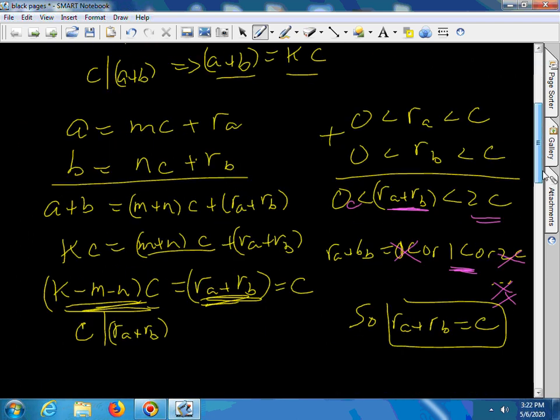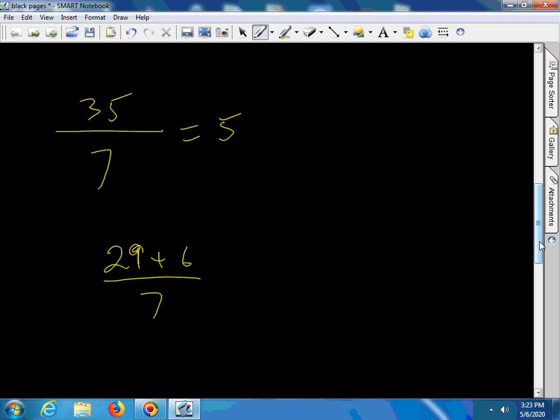So, for example, we know that 7 goes into 35. It goes in 5 times. Now, if you have, I don't know, 29 plus 6, and you divide by 7, just for the record, that is 35 over 7. Now, 7 does not go into 29, and 7 does not go into 6. Now, let me make that 6 a little bit bigger.